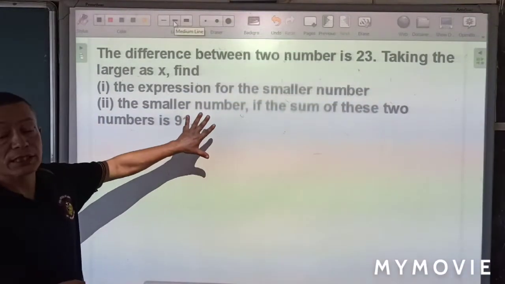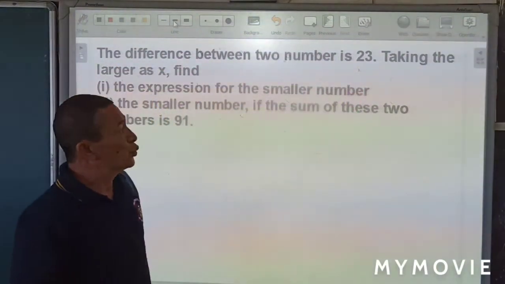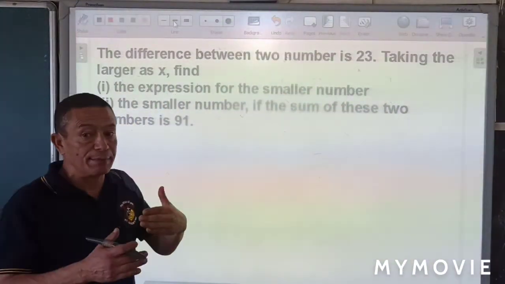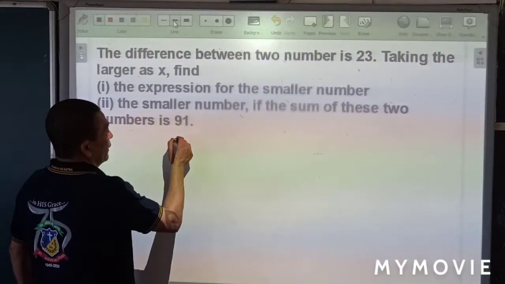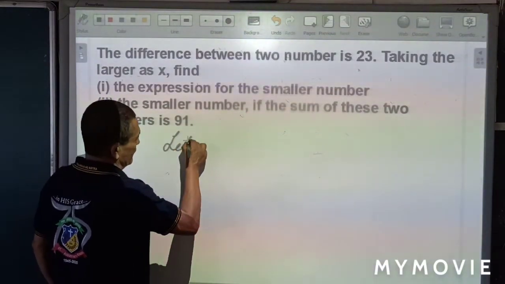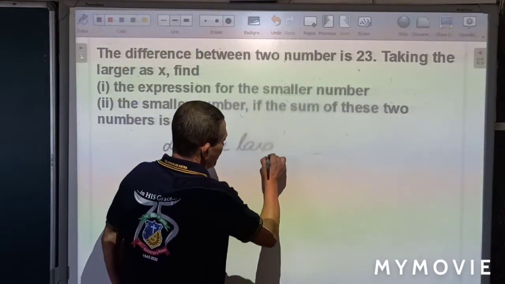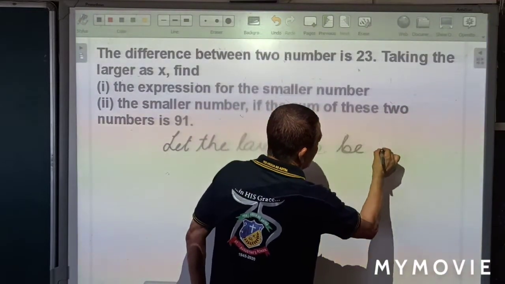So I'm taking another sum here. The difference between two numbers is 23. Taking the larger as x. So this time they want the larger number to be x. So let the larger number be x.